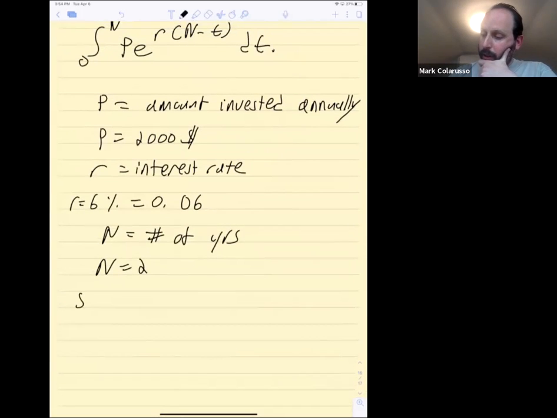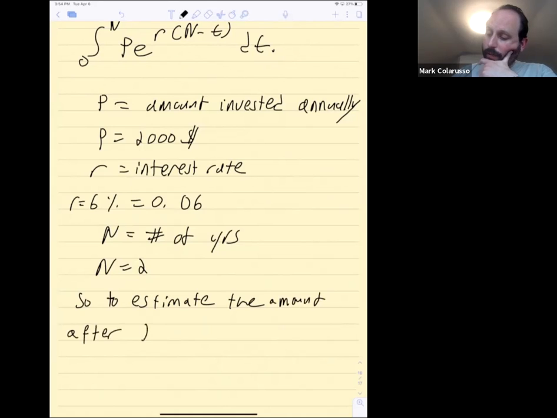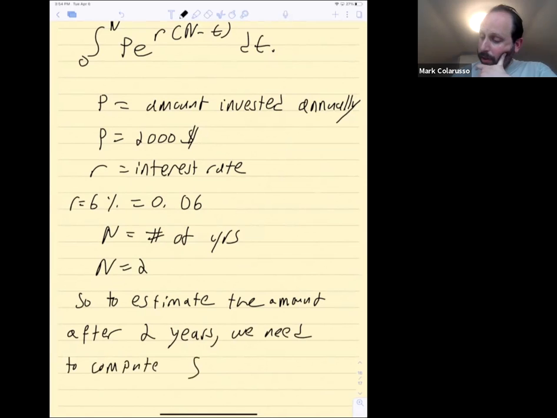So we need to compute the integral. So to estimate the amount after 2 years, we need to compute the integral from 0 to 2 of 2,000 e to the 0.06 times (2 minus t) dt.